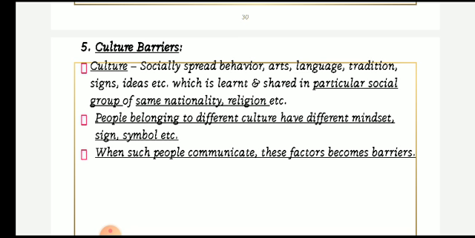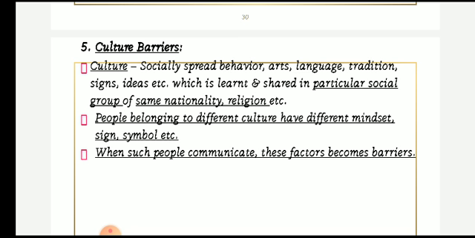When people belonging to different cultures communicate with one another, all these factors become barriers. For example, in India, different cultures lie in different regions and states.